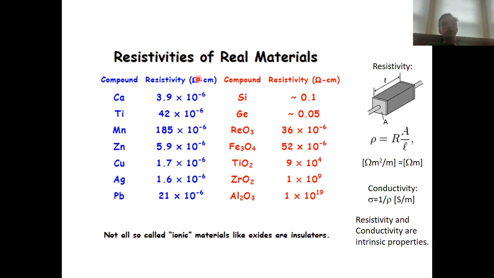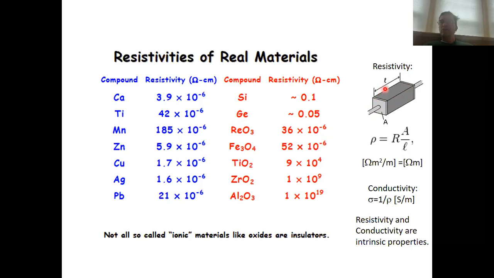The resistivity, which is an intrinsic property, is related to the resistance, which is an extrinsic property. Resistance has the unit of ohms, which is associated with a resistor, which has a specific length and a specific diameter. You see such a resistor here.